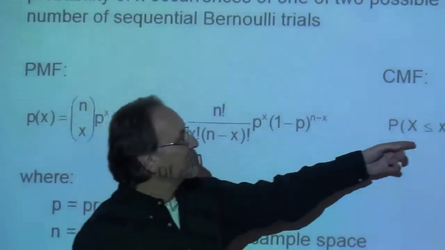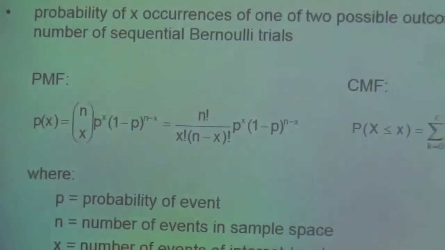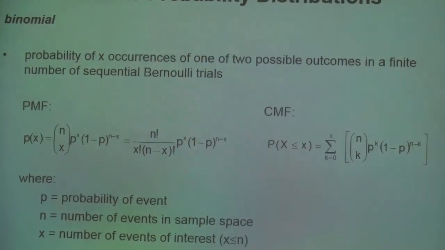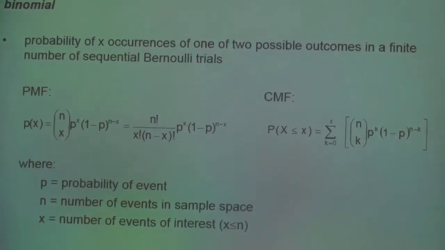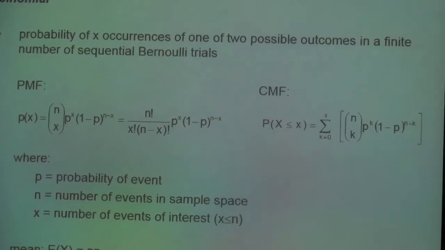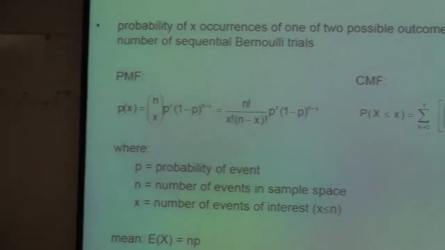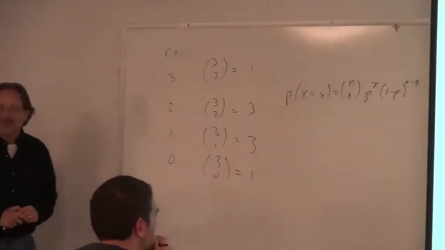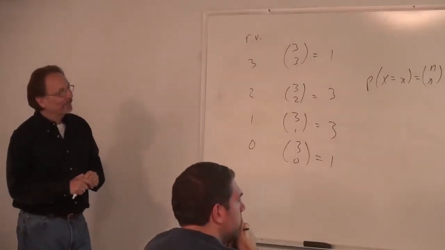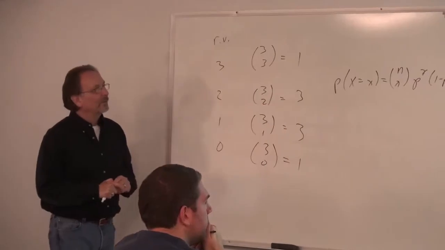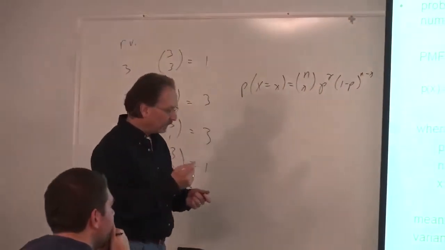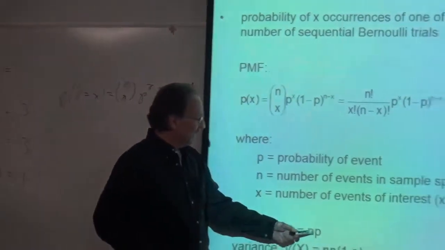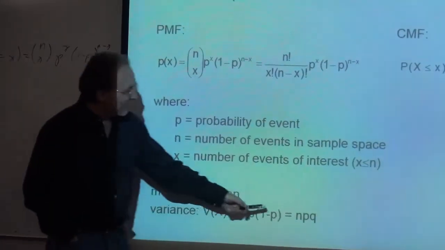The cumulative mass function for the binomial distribution says that if we go from 0 up to some number of successes, all we have to do is add each one of those together. So if I want the probability of 0 or 1 successes, then I would add these 2 probabilities together. The mean for the binomial is n times p, and the variance is n times p times q.